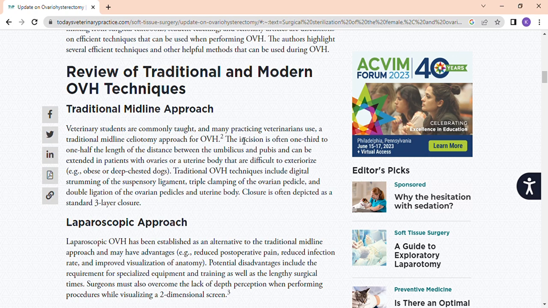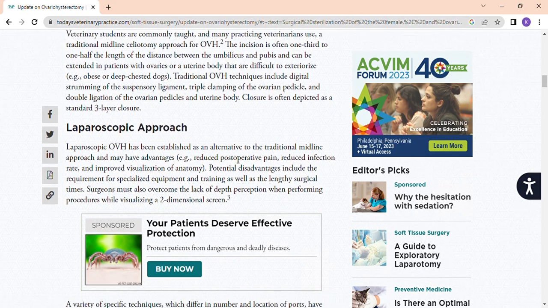Examples of these are deep-chested dogs. Traditional OVH technique includes digital stripping of the suspensory ligament, triple clamping of the ovarian pedicle, and double ligation of the ovarian pedicles and uterine body. Closure is often depicted as a standard three-layer closure.